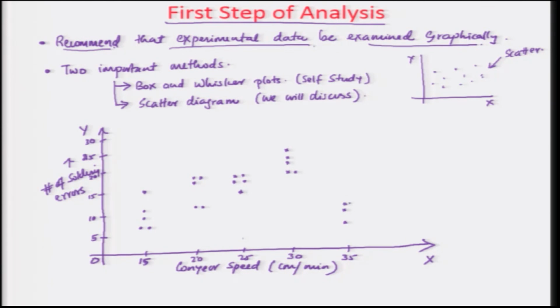Then you have 15, and then 11. So, you have one more diagram like this. Now we can see how each one of them is spread out. This is for the conveyor belt speed of 15, this is for 20, 25, 30, 35.